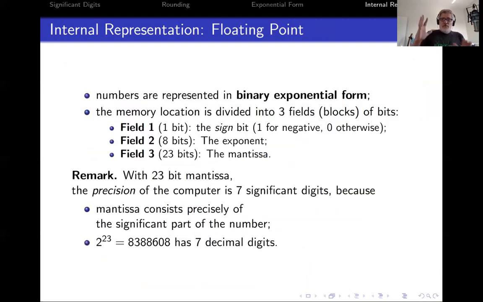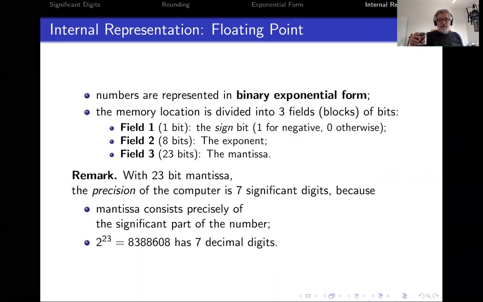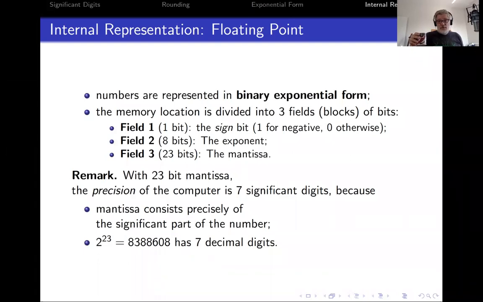Floating point. So we looked at integers, whole numbers, and now we're going to look at real numbers. This is what we call floating point. What we're going to try to do is write down in the machine that normalized exponential form that we had.